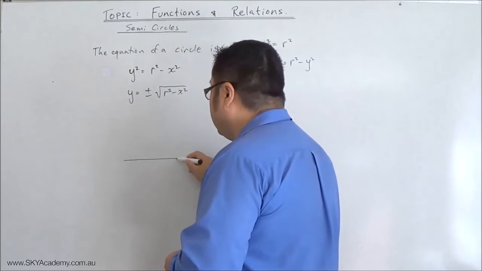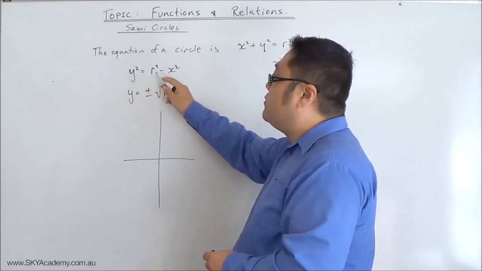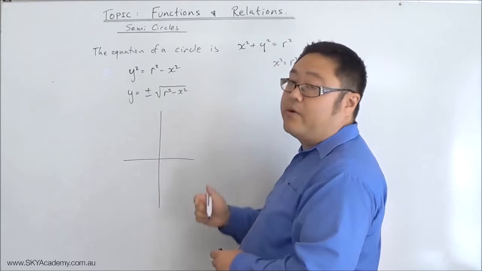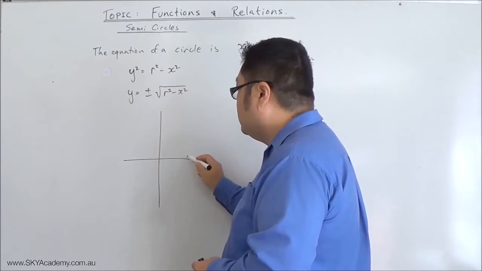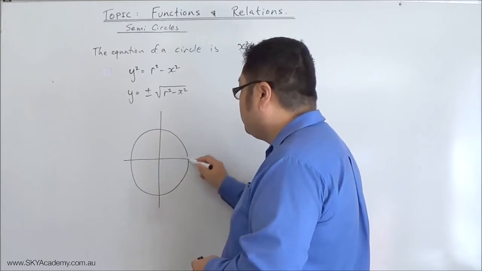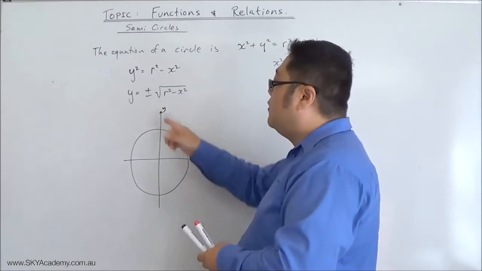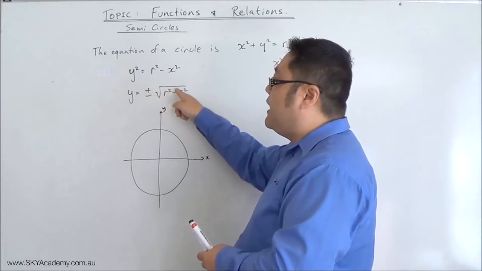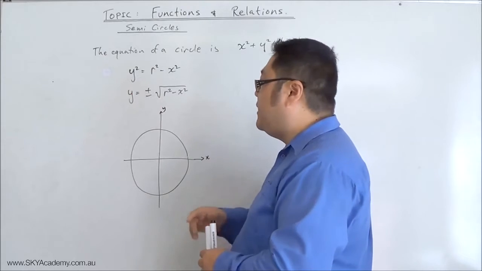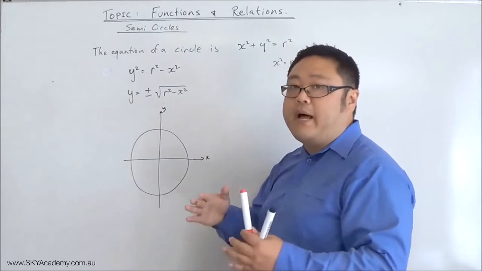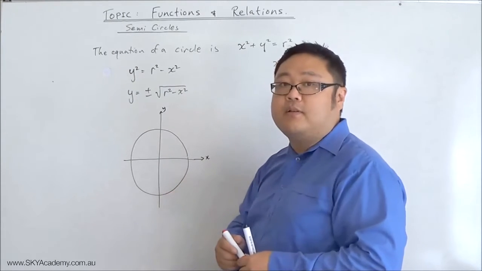So we know that in a circle, y squared equals r squared minus x squared is simply just a rearrangement of x squared plus y squared equals r squared, which is a circle, right? Now, let's think about what y equals positive square root of r squared minus x squared might mean. Well, what that means is that y can't be negative. Now, in this circle, which part of the graph represents all the parts where y can't be negative, in fact where y is positive?